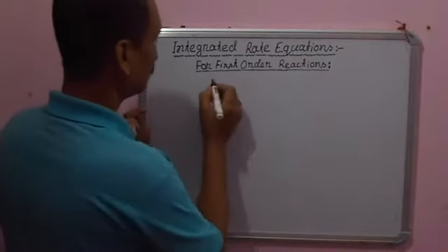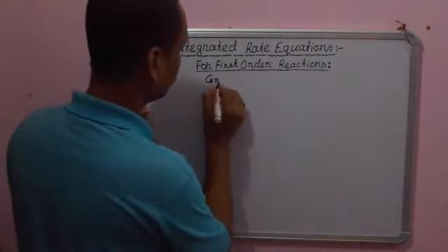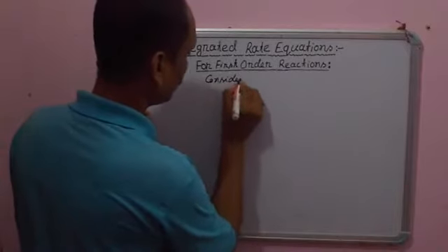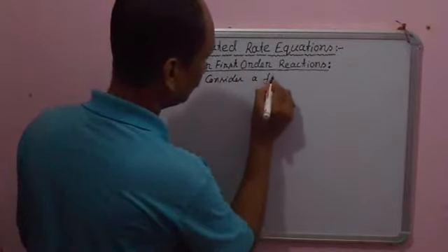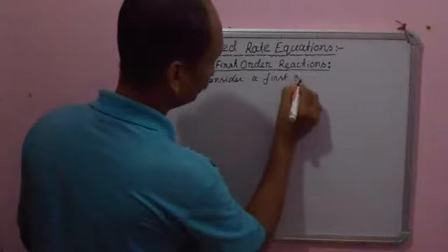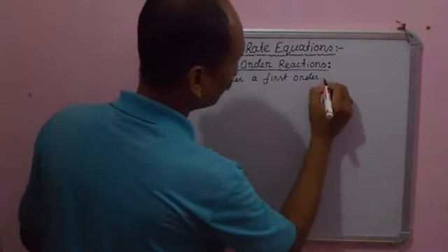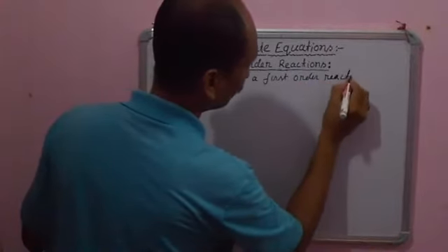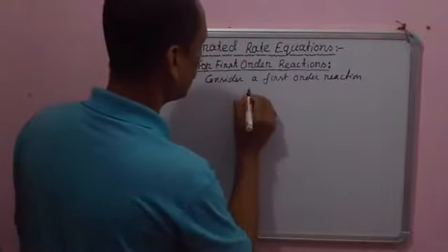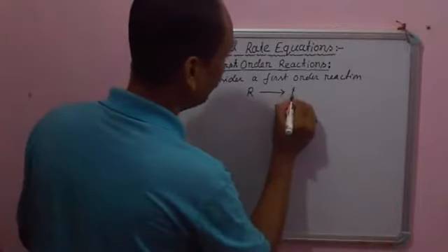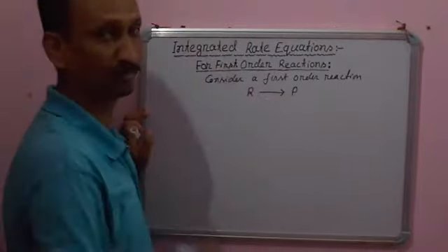So consider a first order reaction, R gives P, reactant gives product.